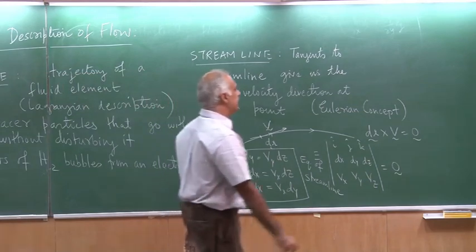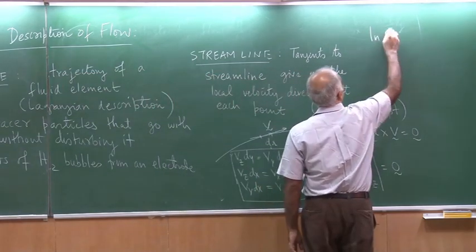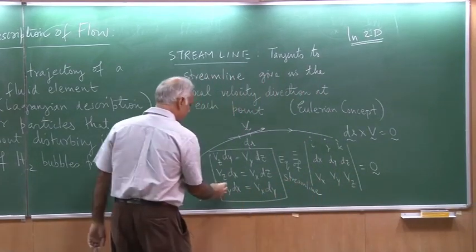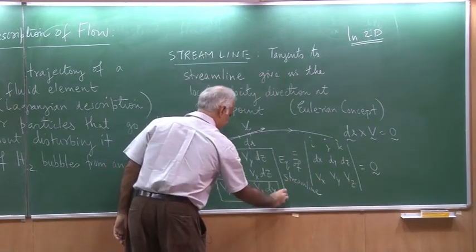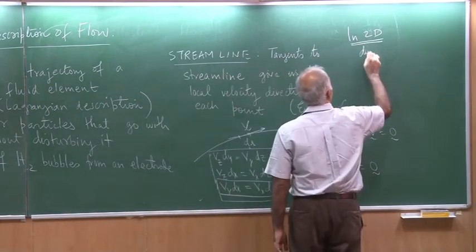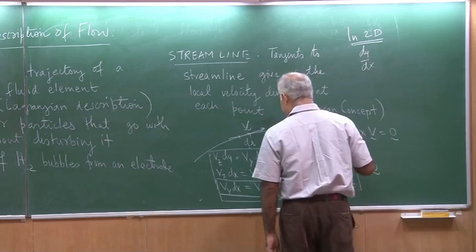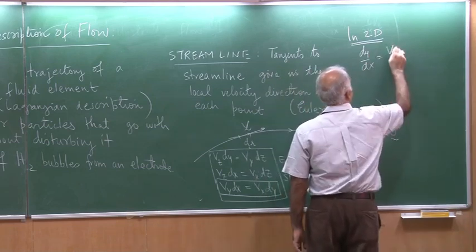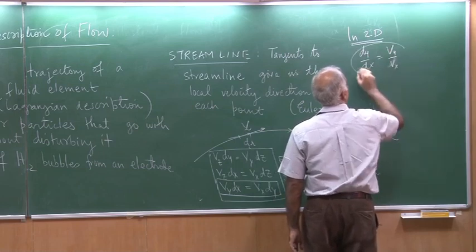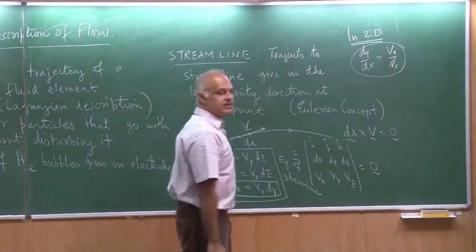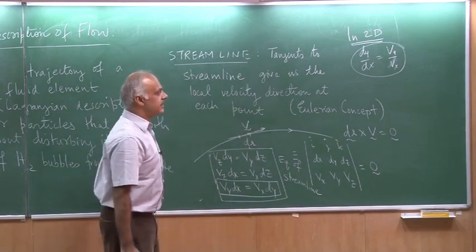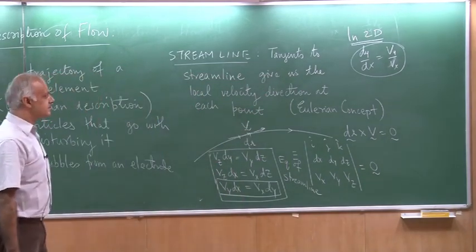What about in 2D? So in 2D, I could simply take this equation over here, and I would see that dy by dx is simply given as Vy by Vx. Okay, that's the equation of a streamline. That means the slope of this line is of course related to the slope of the velocity vector.